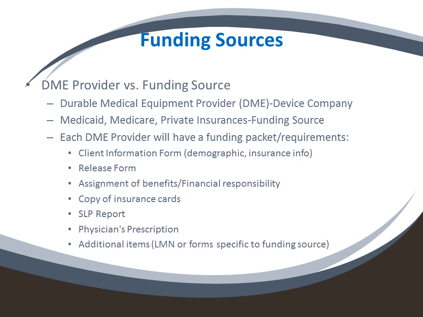Tobii Dynavox has eye gaze devices. So you just want to make sure you know exactly who you're turning this report into. The report gets turned into the DME provider, not the funding source. So the funding source is Medicaid, Medicare, private insurance, and that's not who gets the report initially. You're turning that report into the DME provider.